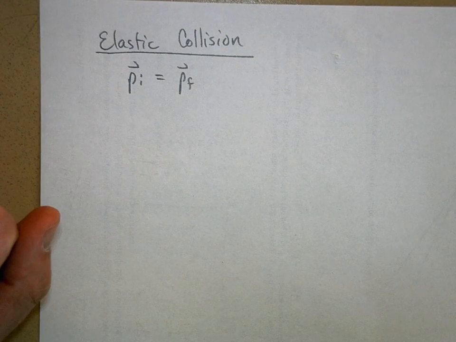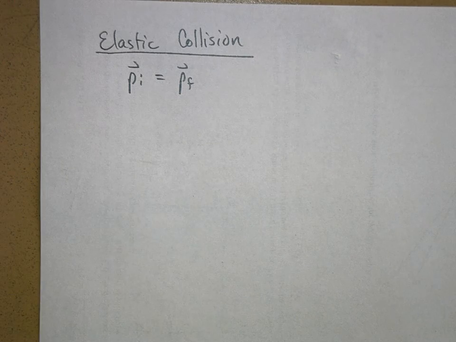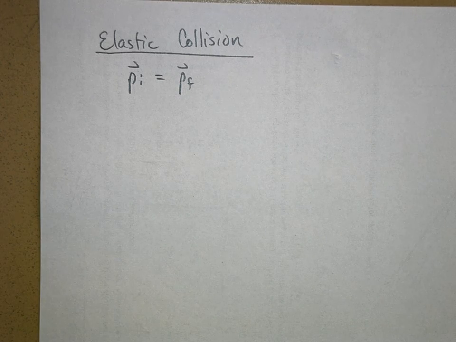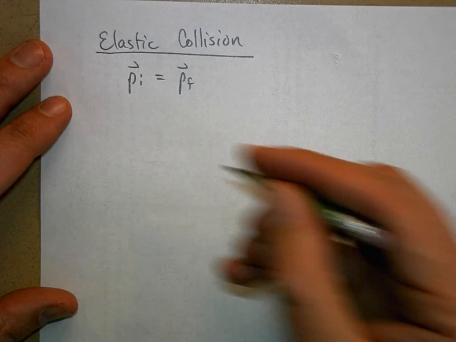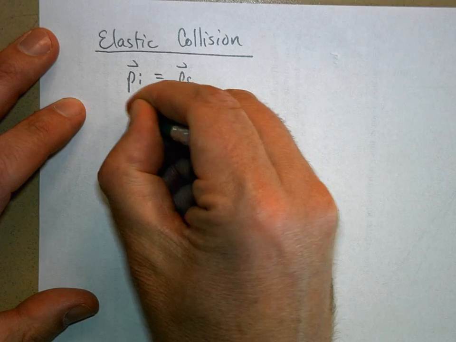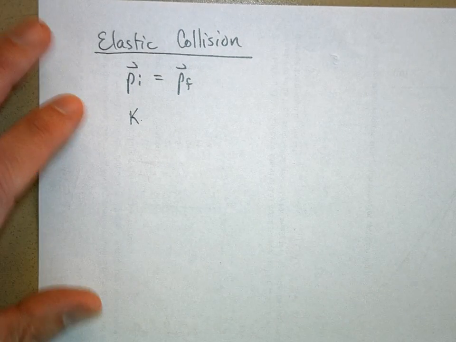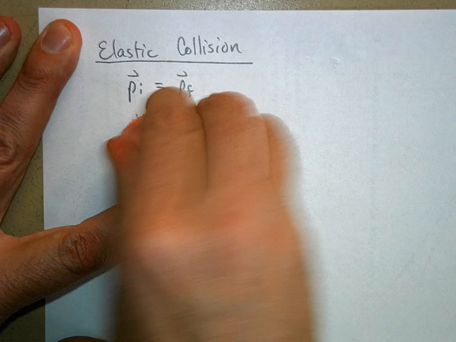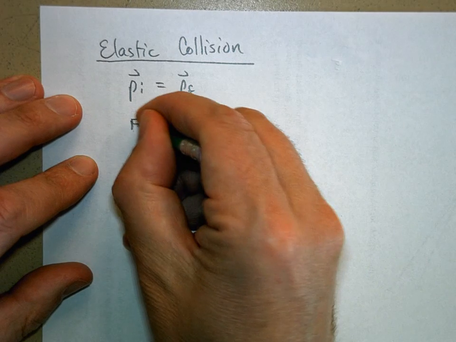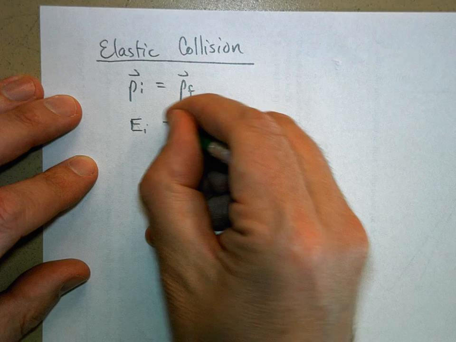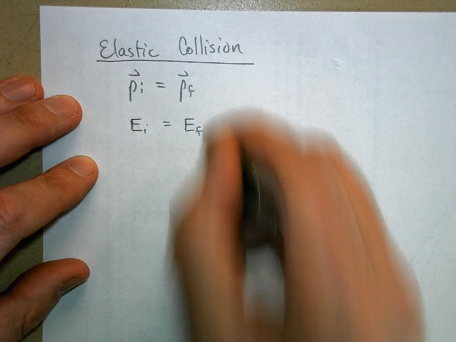Now, if we don't heat anything up, if we don't lose any mechanical energy, well, then we can say this is true. Actually, let me start here. In an elastic collision, the initial mechanical energy is equal to the final mechanical energy.